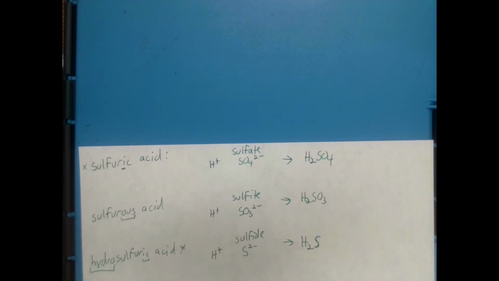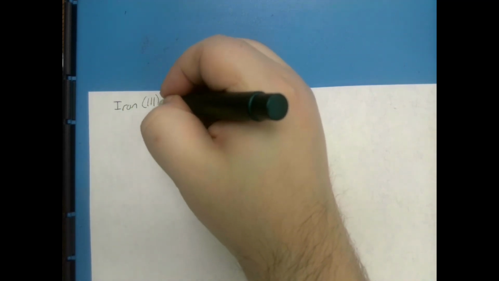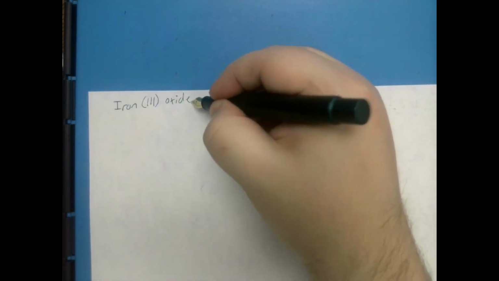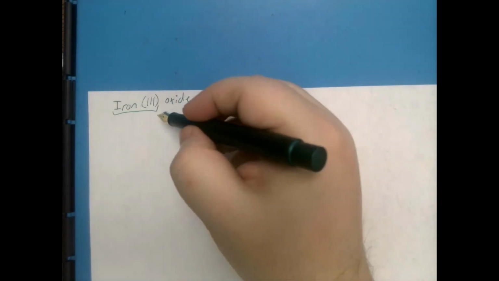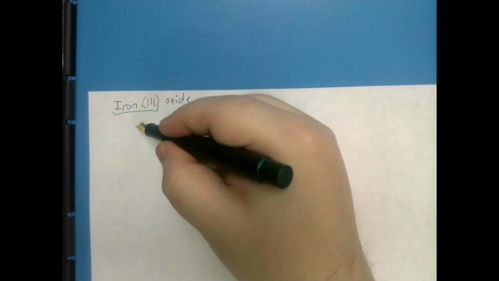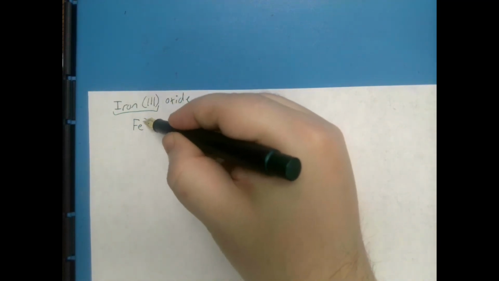This I don't test on, but iron 3 oxide. What is the formula for iron 3 oxide? I do test that, but it's an alternative name for this. So this would be iron 3 plus.